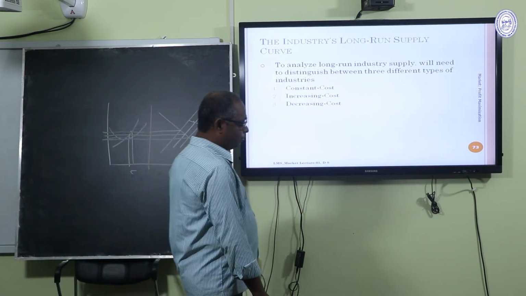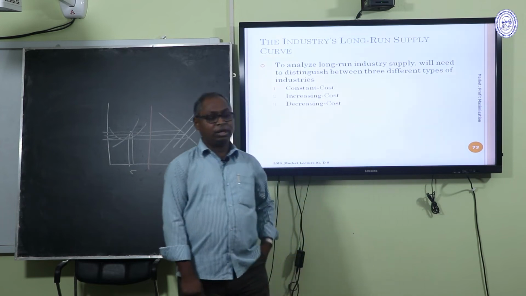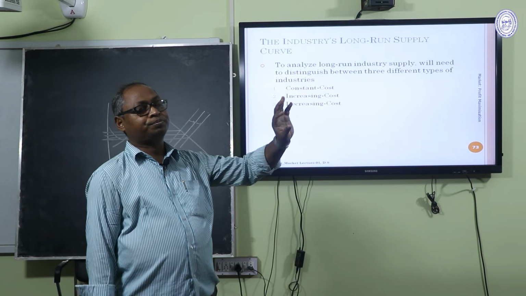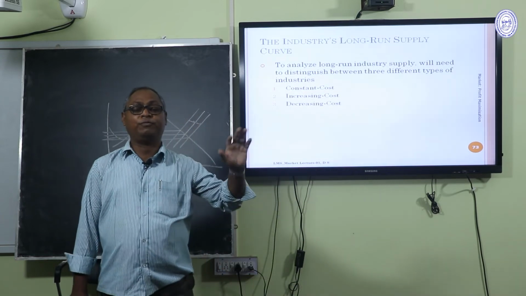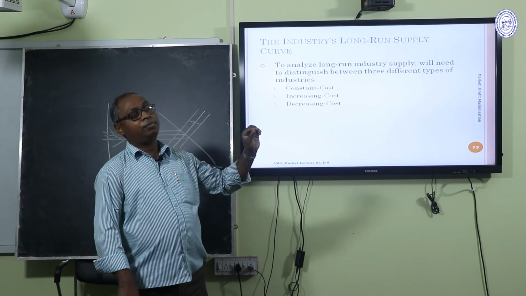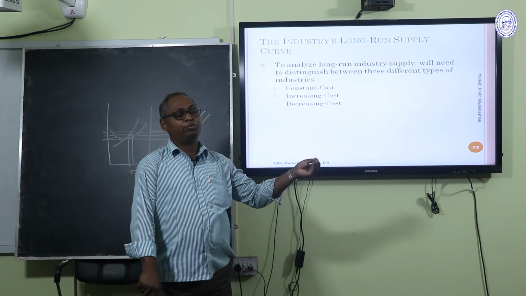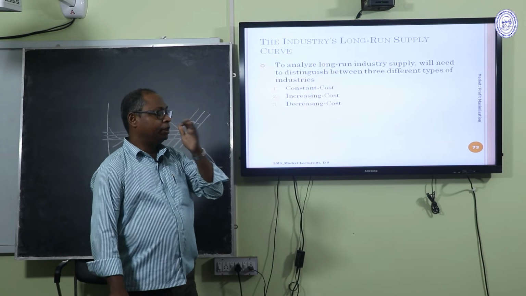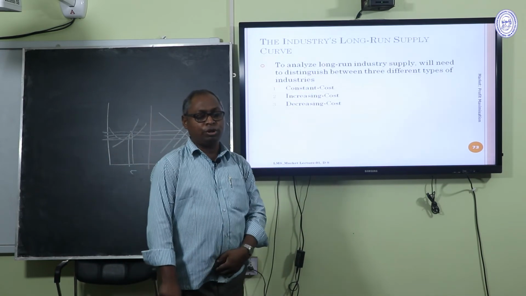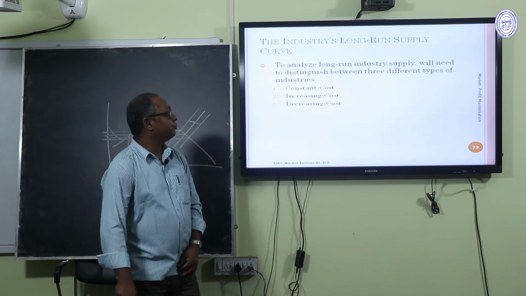Why? Because you have already learned the incentive of the existing firms. If firms have either supernormal profit or losses, there is an incentive for the existing firms to exit or enter.